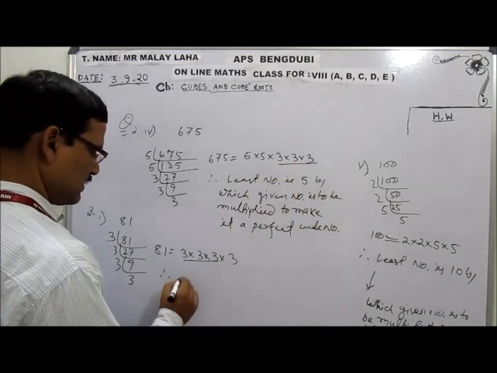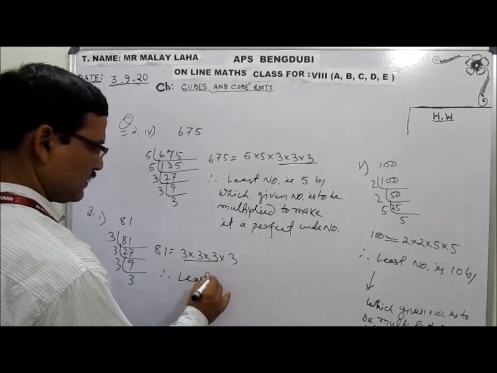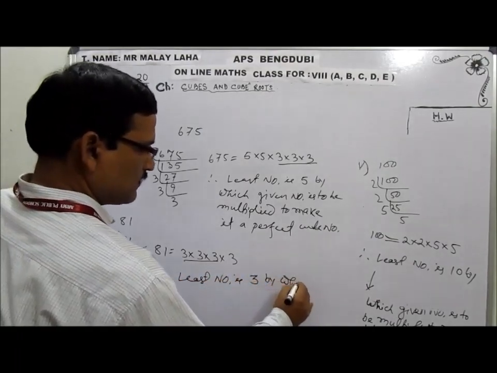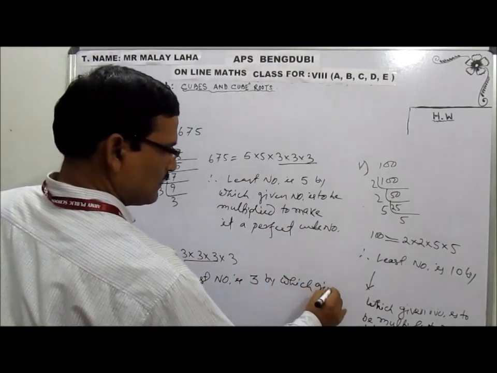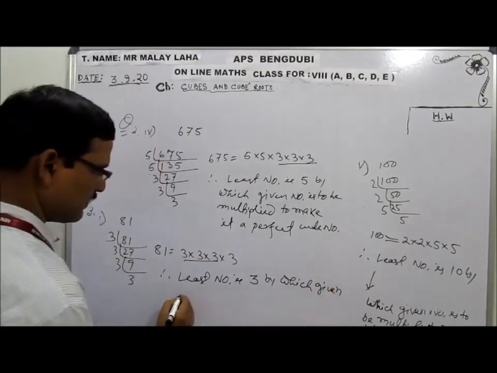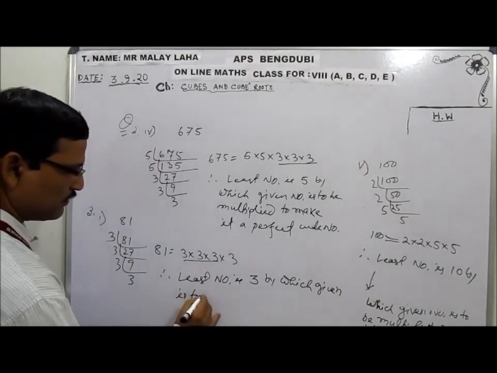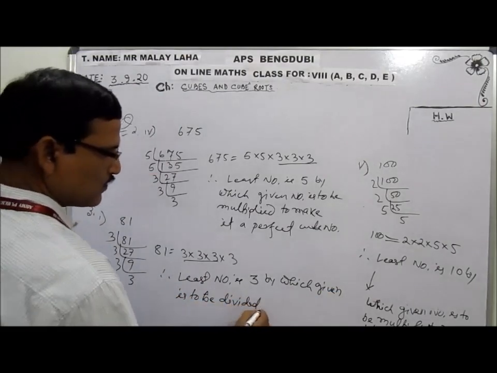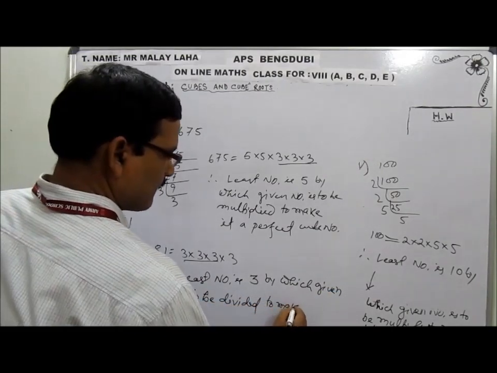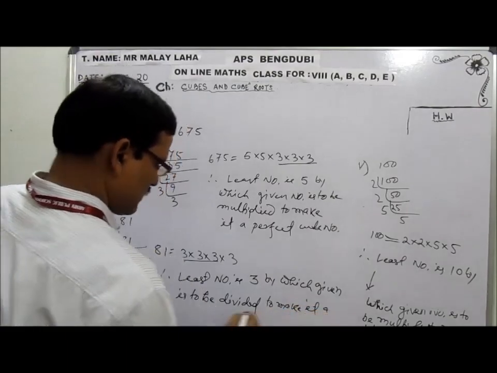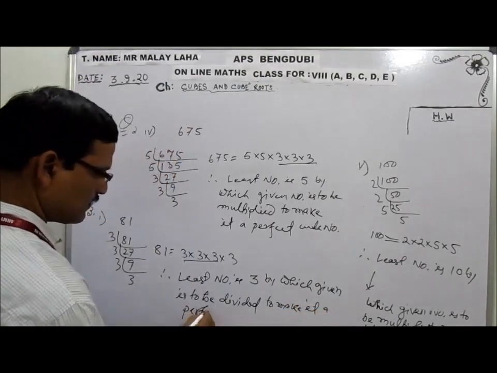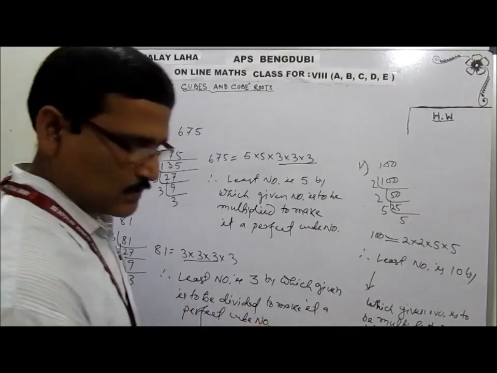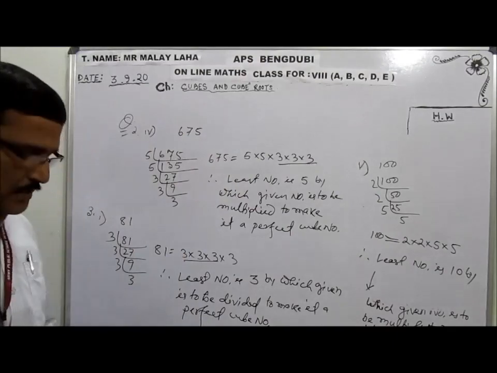The technique is, therefore, the least number is 3, by which the given number is to be divided to make it a perfect cube number. Got it? Any doubt?